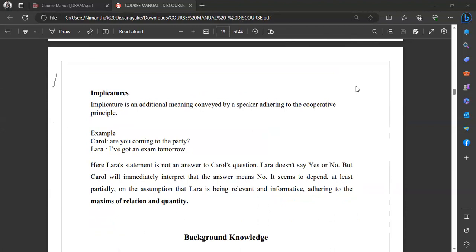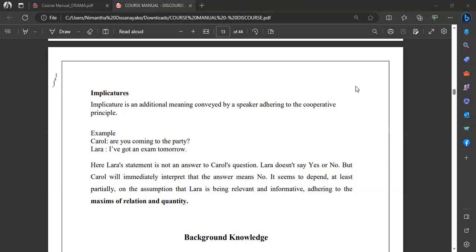With these maxims, four maxims are there. When you have a conversation, there are four things that we need to follow. Those are known as principles, right? Next day I will explain them. So implicators go along with that, right?